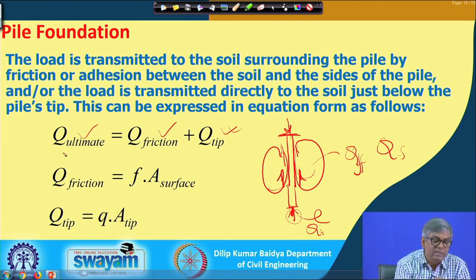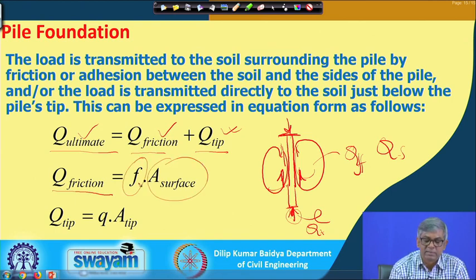So in general, Q ultimate will be Q friction plus Q tip, and Q friction will be F multiplied by A surface. F is the unit skin friction, that means what is the value, and then you have to multiply by the surface area.